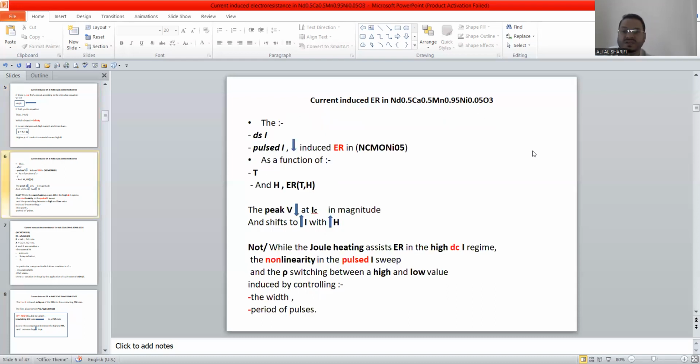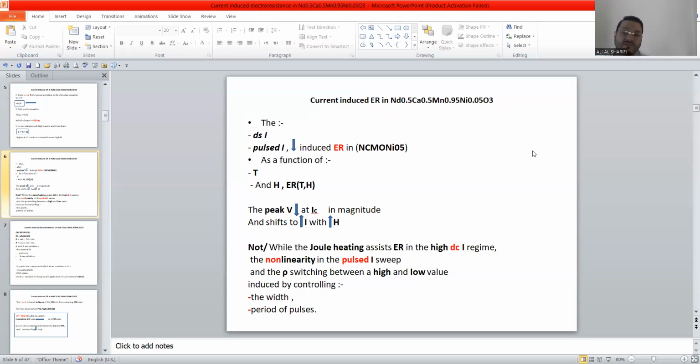Now, here, let's take some notes about this article. This is the first slide, which talks about the article. In this article, Rebello used two kinds of current, DC and pulsed current.